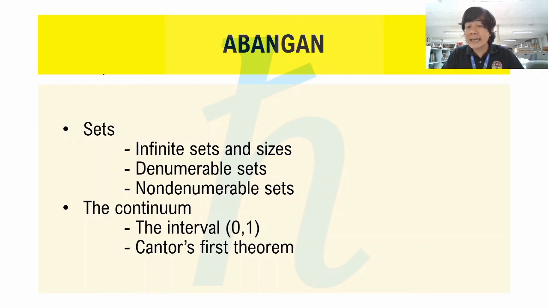And you assign a number of infiniteness to this continuum. We simply use the letter C for this, and we will prove that this set is non-denumerable, or in other words, uncountable. We will also discuss by the next meeting Cantor's first theorem that talks about the infiniteness of the infinities. So again, see you next meeting.